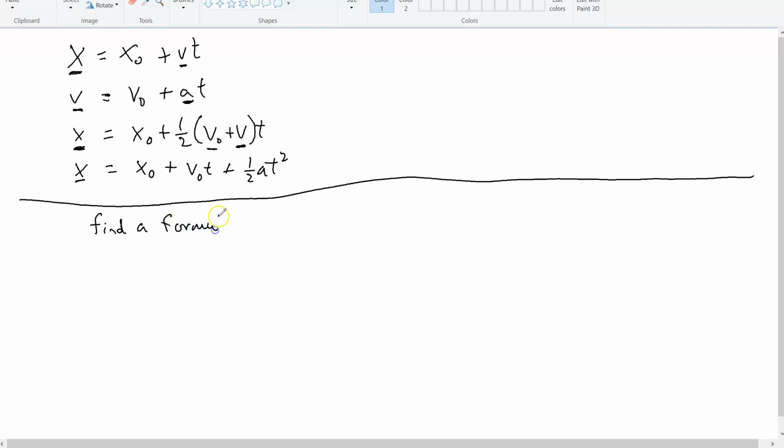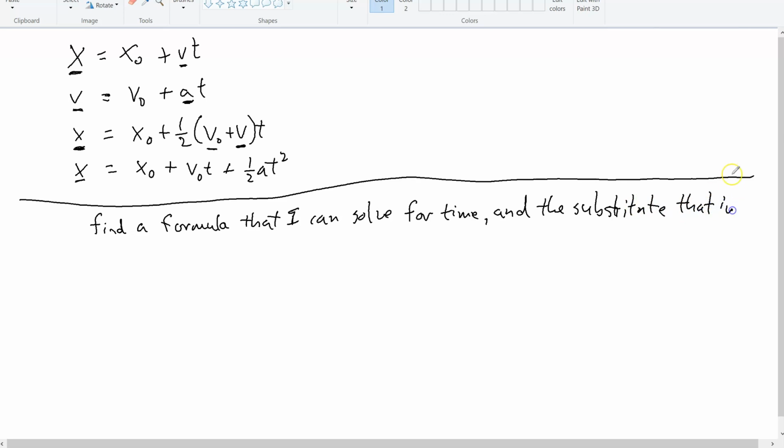Find a formula that I can solve for time and then substitute that in for t in another formula. Okay, and we'll use the same formula we used for the last one to substitute into.